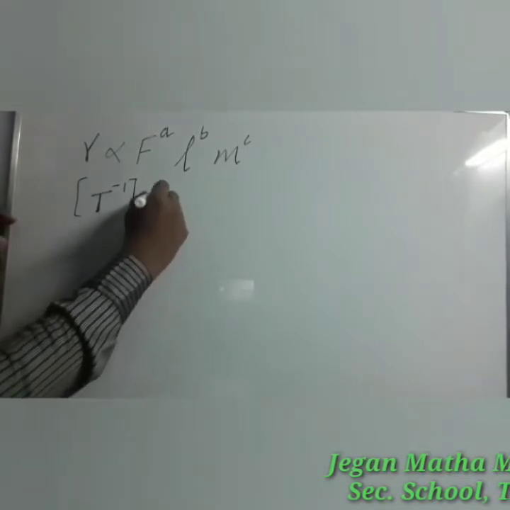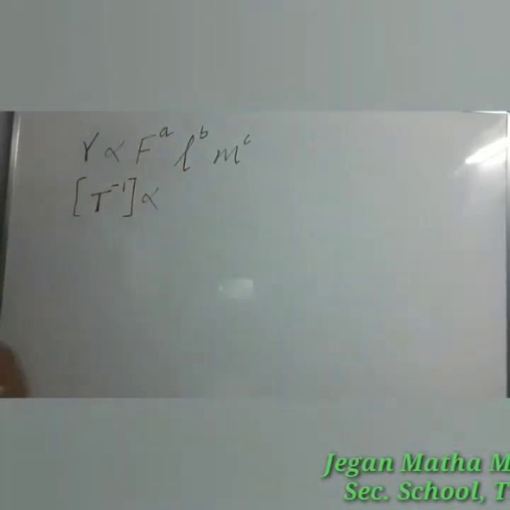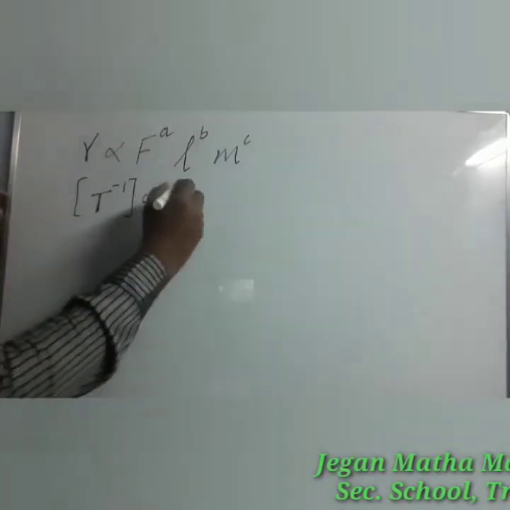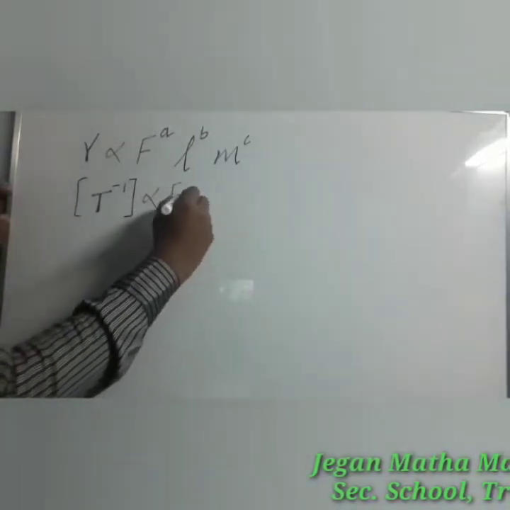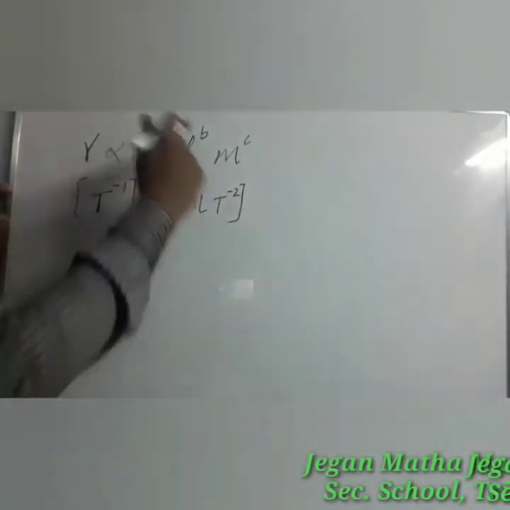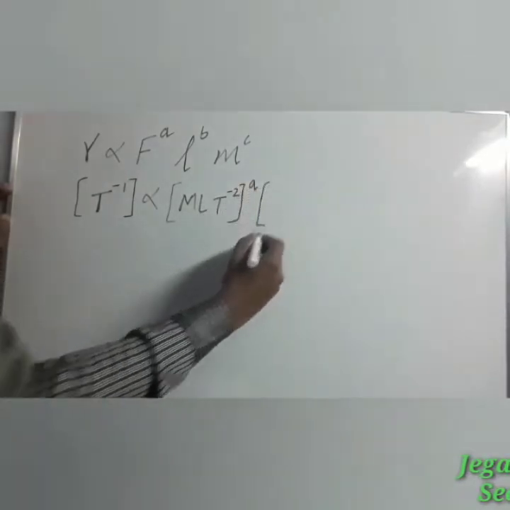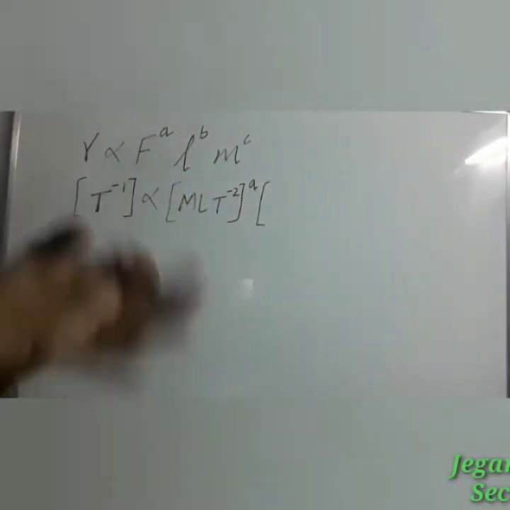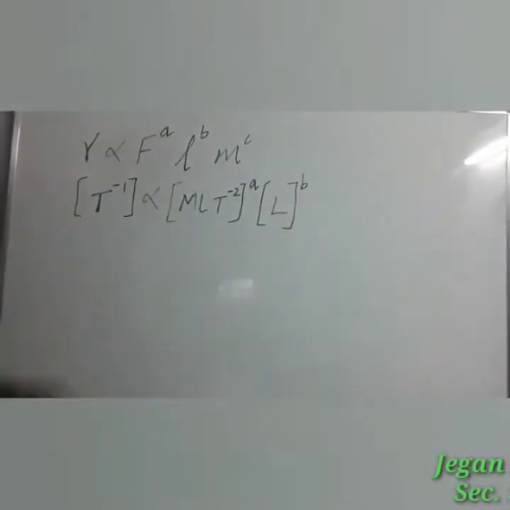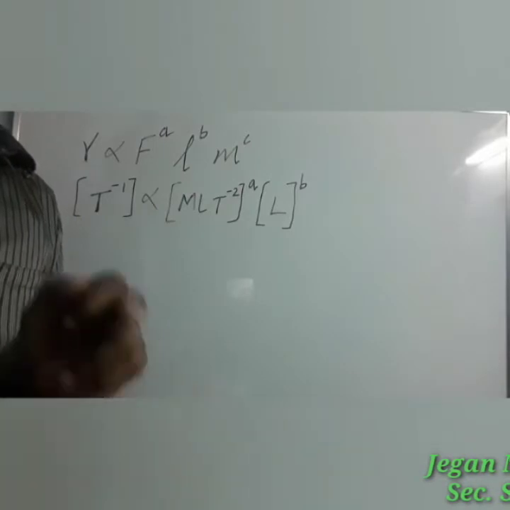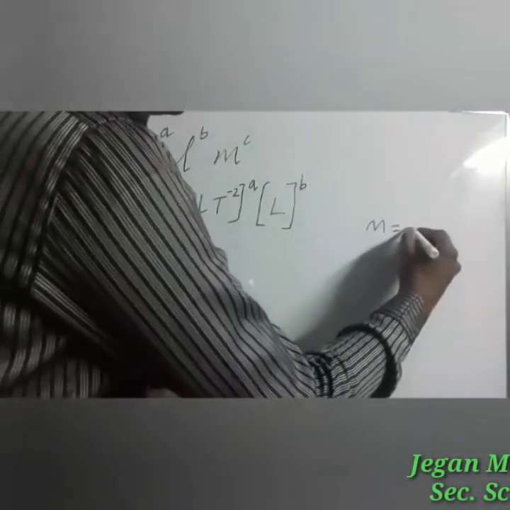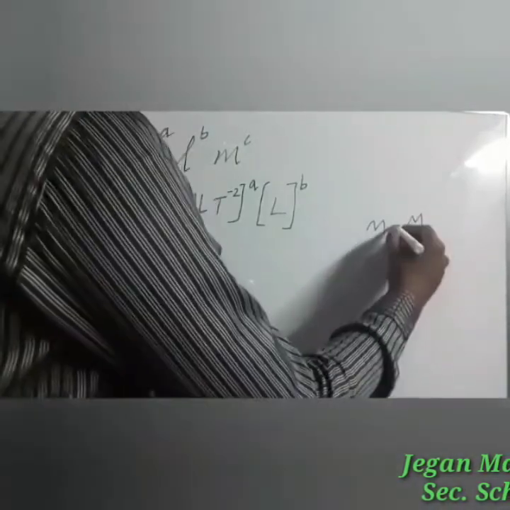Directly proportional to, what is the dimension for force? In the previous videos we have discussed the dimension of force, so I am going to write directly M L T power minus 2, power A. Next quantity is L, length. What is the dimension? Capital L power B. The last one is M. Remember here M refers to mass per unit length.